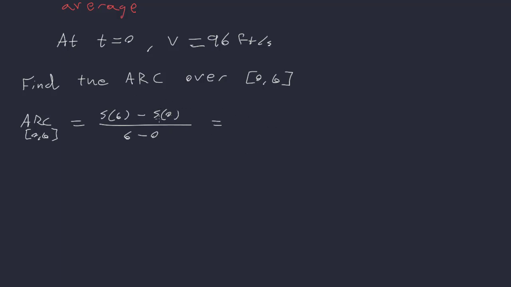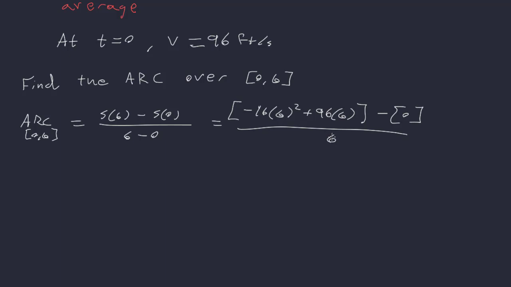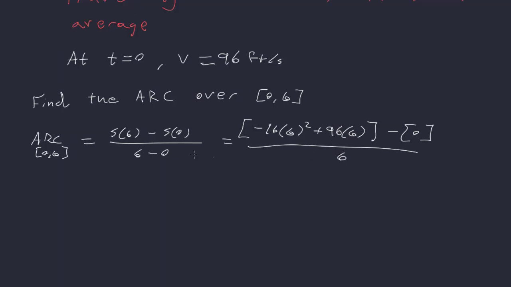And we already found that s of 0 was 0, so now it's just a matter of finding negative 16 times 6 squared plus 96 times 6, all over 6. And when I crank this out, I got 0 over 6, which is 0 feet per second. That is kind of bizarre.